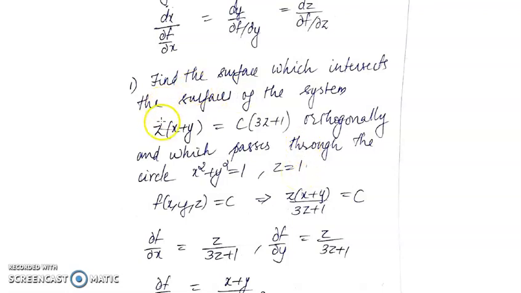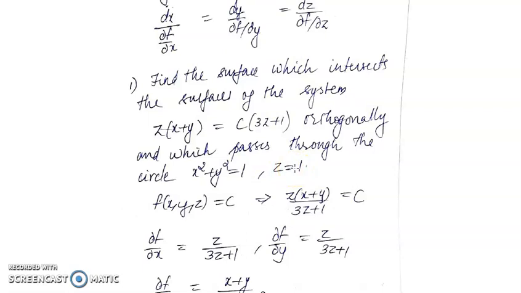Okay, we need to find the orthogonal system of surfaces to the surface z into x plus y equal to c into 3z plus 1. Now what we need to find is a particular solution. So first you find out the surface. Now from that I need to find the particular surface which passes through the circle x square plus y square equal to 1 and z equal to 1.